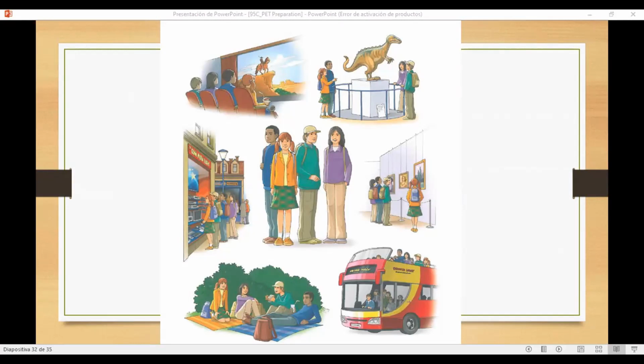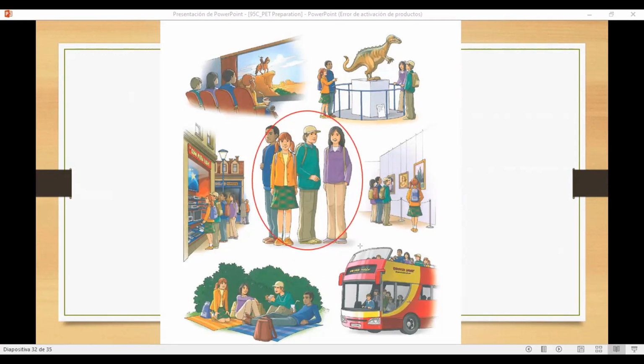¿Cuál es la situación? Listen carefully to the situation, guys. These 4 students right here have 1 day free.